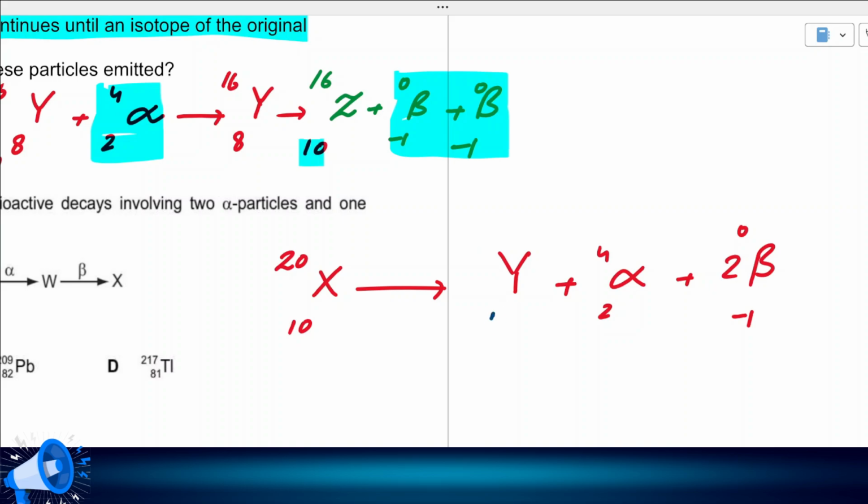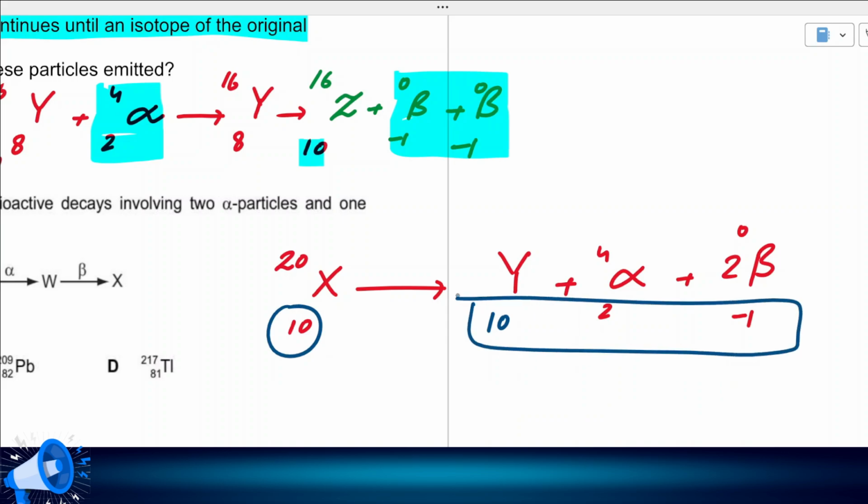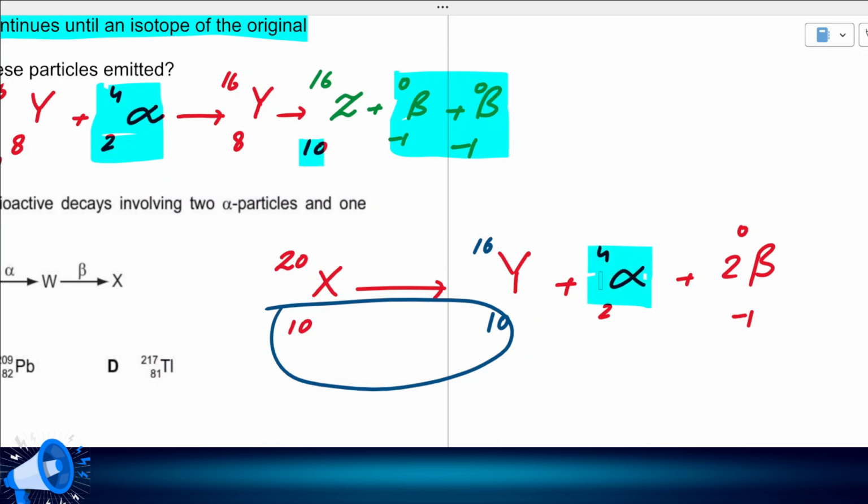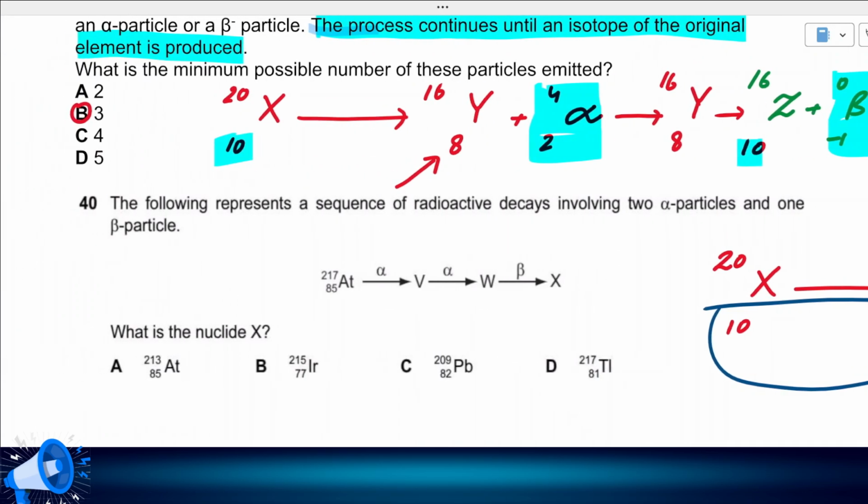It should be 10. Only then the two sides would have same atomic number. And at the top we should be having 16. But you see, now we have the same atomic number, which means they have now become isotopes. So how many particles have been emitted, 1 alpha and 2 beta, so total of 3 particles emitted.